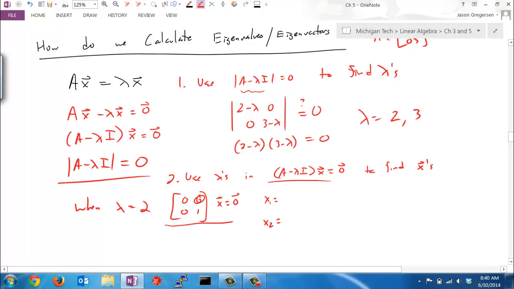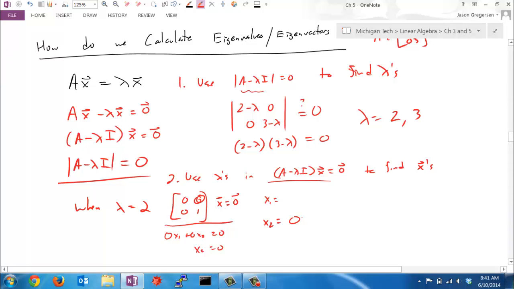What is the linear system I get from this matrix equation? First equation would say 0 times x1 plus 0 times x2 equals 0. That's about useless. What does the second equation tell me? x2 equals 0. Okay, great, I got that one. Am I going to get an equation for x1?